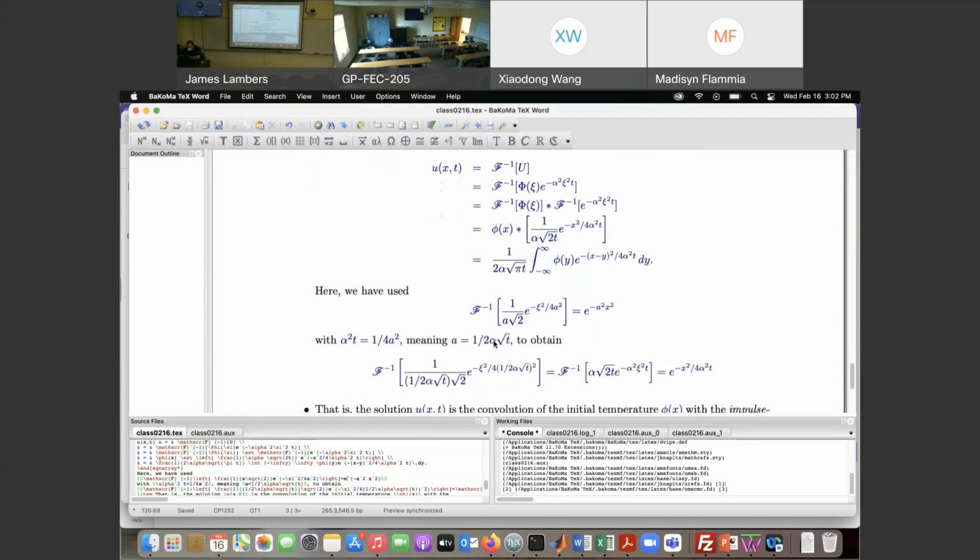Notice we have 1 over a square root of 2 multiplying this. So this expression I fill in for a here and here.